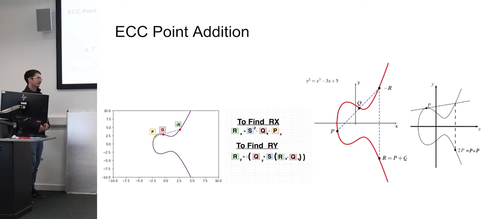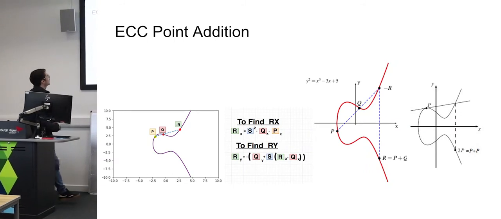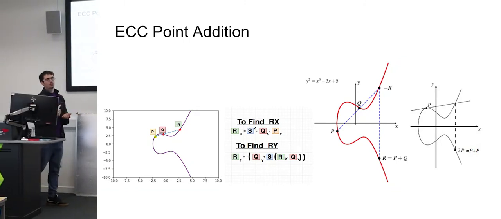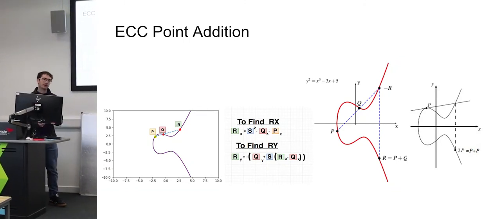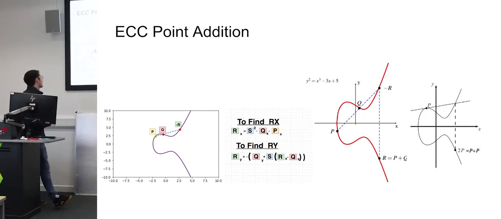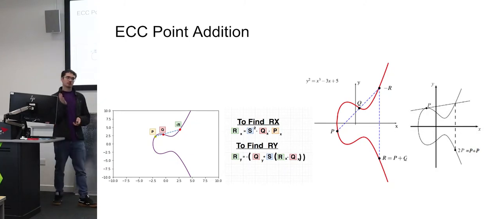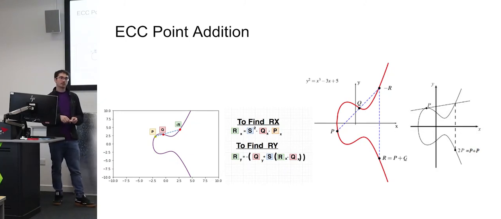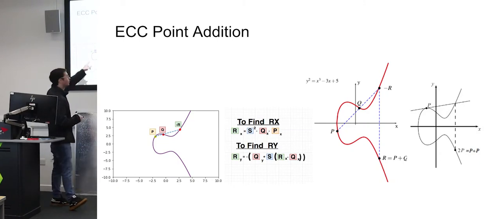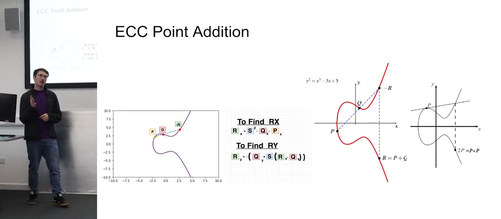Okay, so yeah, this is kind of getting to the point where I sort of ran out of time. But elliptic curve point addition, you're saying, okay, how do I take P plus Q? How do I get a new point that's on the curve? So what you're doing is you're taking P and Q, finding the gradient of that line, and then setting the gradient of that line equal to the equation of the curve so that we can find the third point where that line crosses.